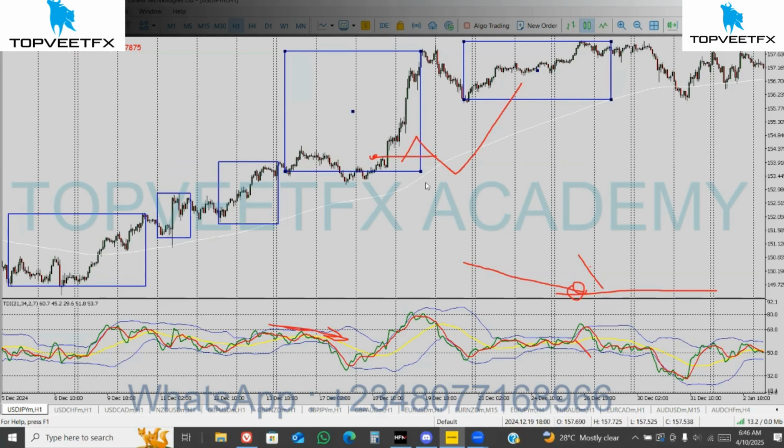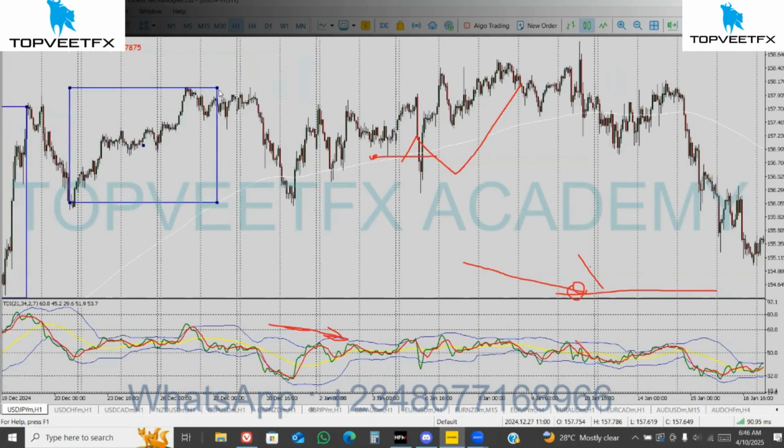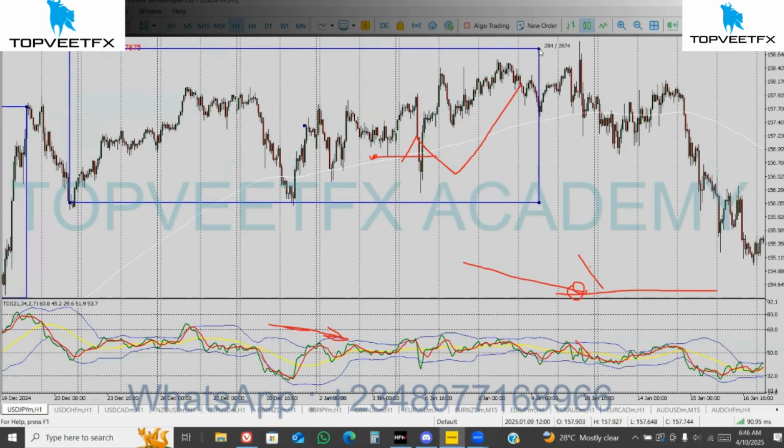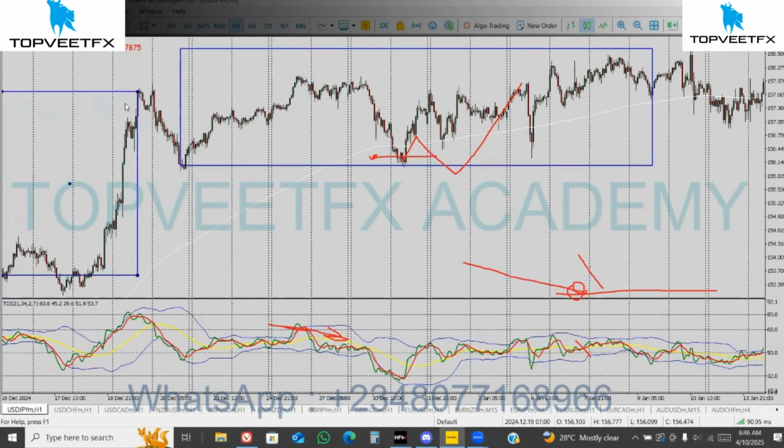This is level 2, and then level 3, even though it's not that clear. But look at what they did. They gave us a very clear one here now. At level 3, they still stay long, just to create a lot of stop loss, just to hit people's stop loss. That's why they stay long at level 3.